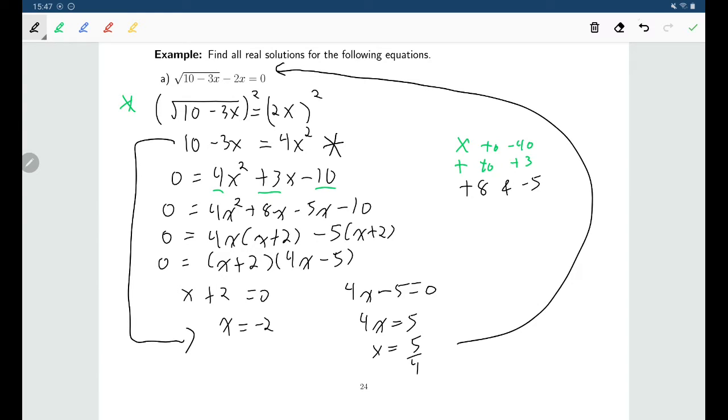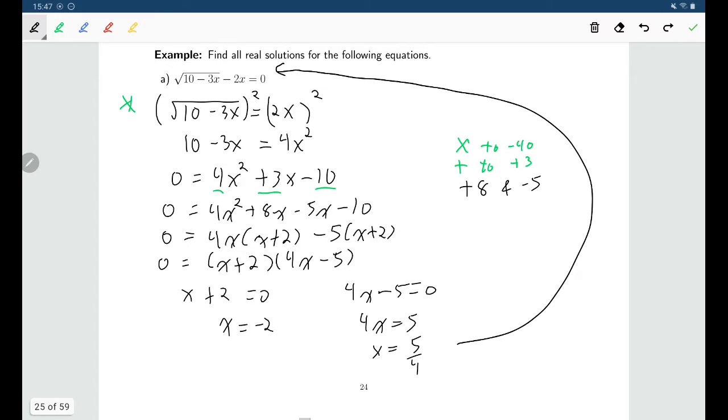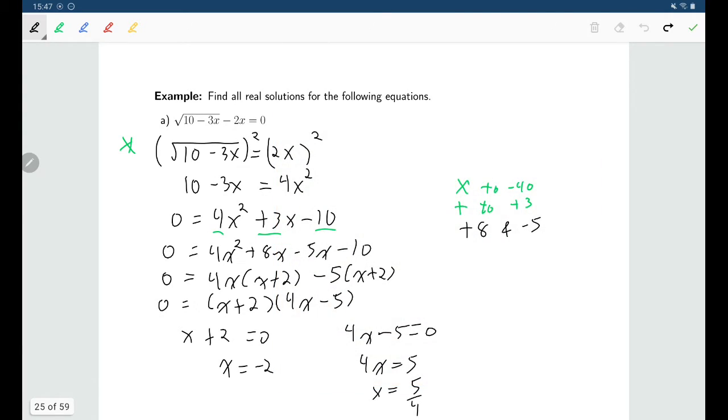But the quadratic was not our original equation. We're not looking for solutions to that quadratic. We're looking for solutions to the original radical equation, which means we're going to need to substitute our values into the original equation to check to see if left side and right side are equal to each other.